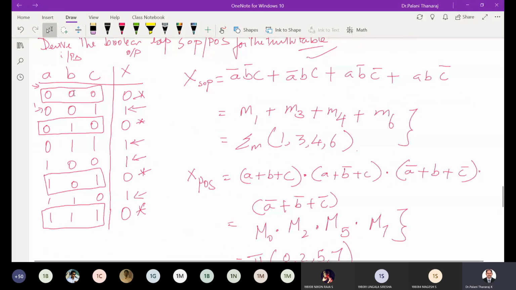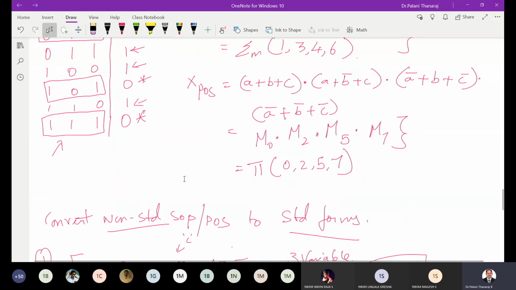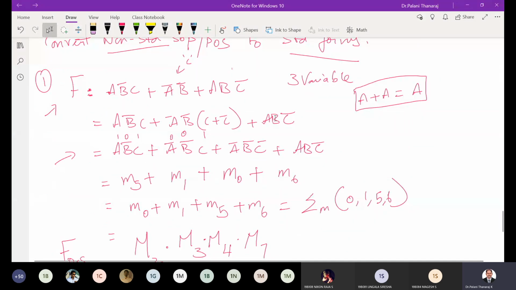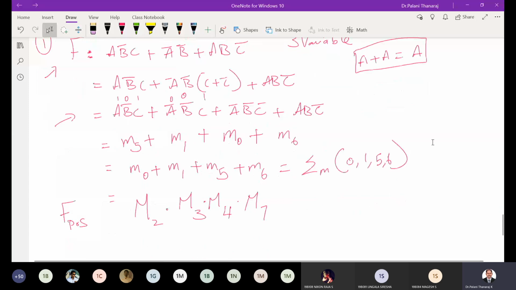If you are having three input variables, the maximum number is 7, so that is the last number we have to consider. So the missing terms up to 7 I have to check. 0, 1 is present as SOP min terms, so the max terms have to be the remaining. So it has to be M2, M3, and M4. 5 is present, 6 is present, which is not present? 7. So M7 is a max term.